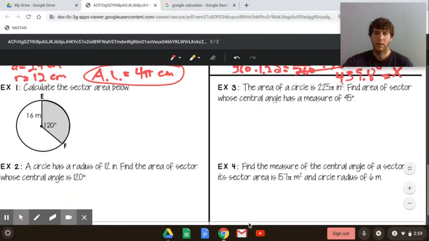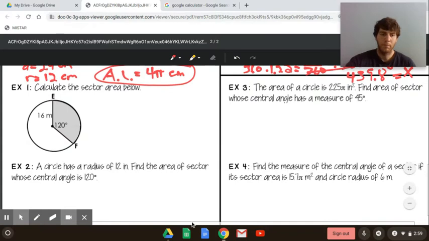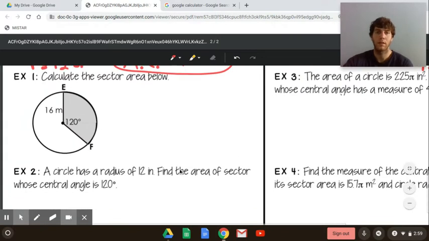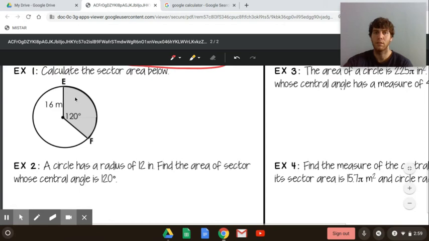Let's zoom in a little. Okay, so calculate the sector area below. That's the area of the shaded region. They're indicating the sector that we want area for is the shaded one. So our formula here is x over 360, representing the portion of the circle, times the area of the whole circle, which is pi r squared.